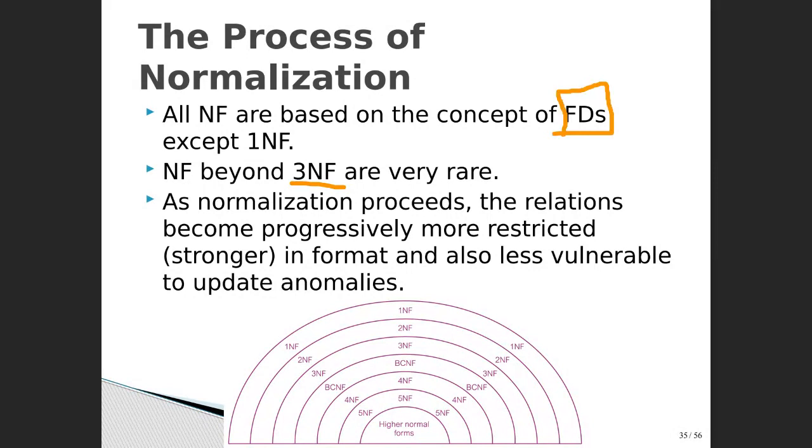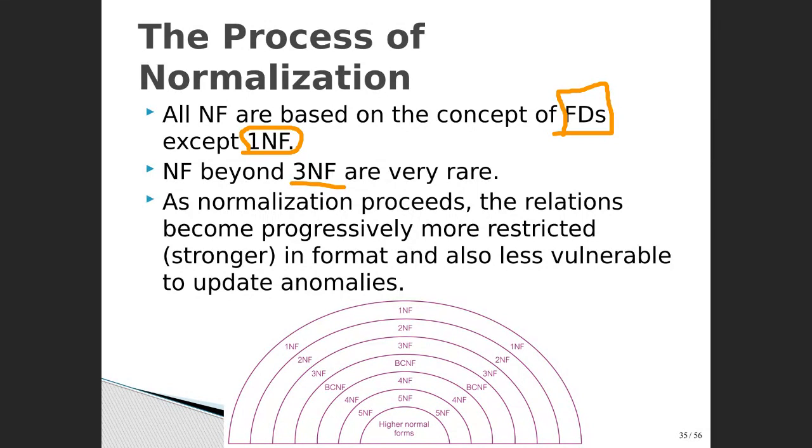Why is first normal form not included? Because in the first normal form we are not going to focus on the functional dependency, we are just removing repeating groups, and I'm going to tell you how we need to fix the relations with repeating groups.